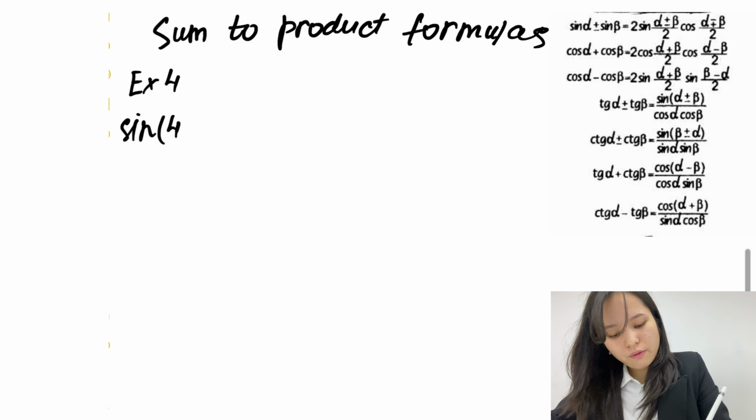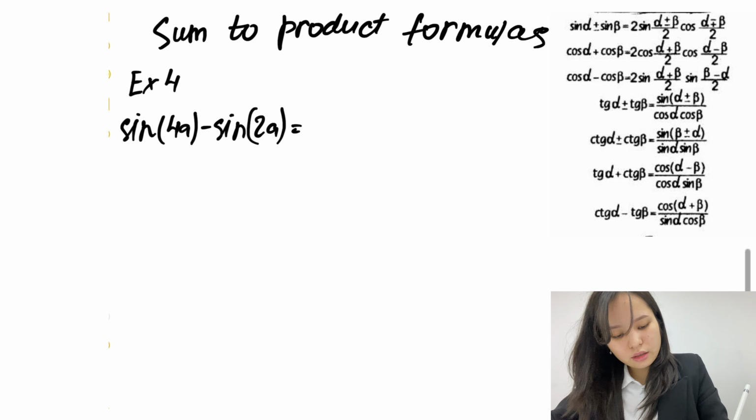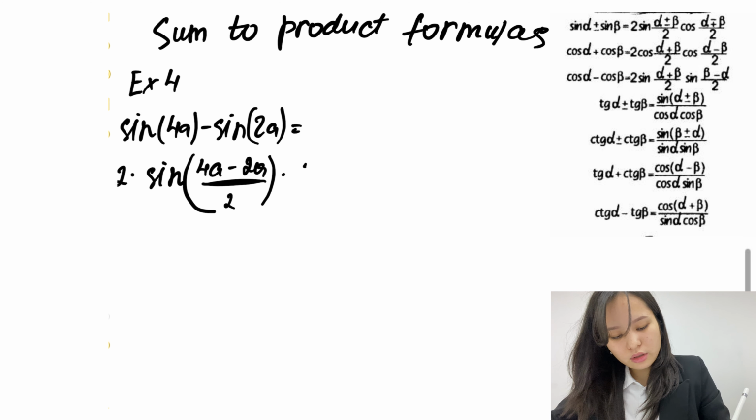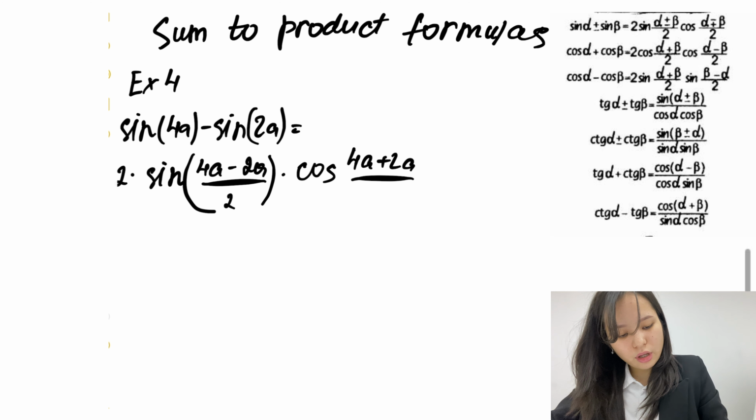Sine 4a minus sine 2a. We should solve this with this formula. It's equal to 2 multiplied by sine of (4a minus 2a) divided by 2, multiplied by cosine of (4a plus 2a) divided by 2.